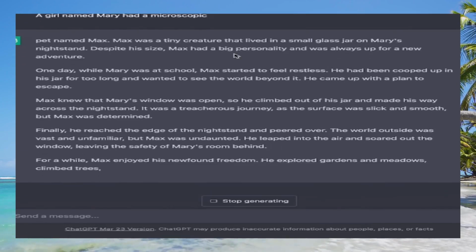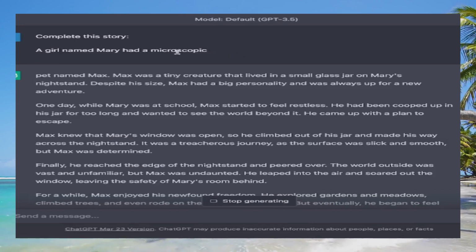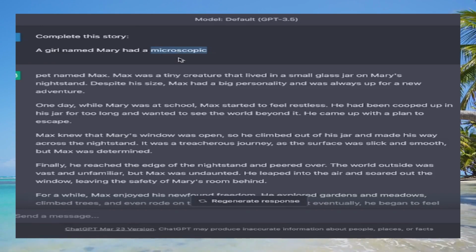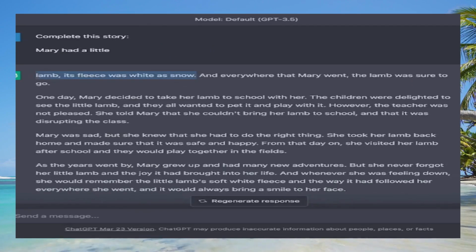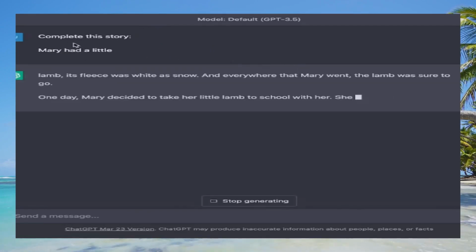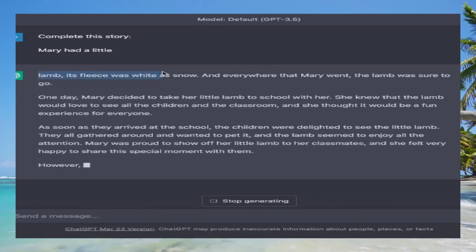And so, this pattern is strong. There are words in this pattern that give context that help to shape the story. But the pattern itself is not as strong as Mary had a little. So, doing it again, whereas the other story changed completely, I'm still getting the same completion with this.